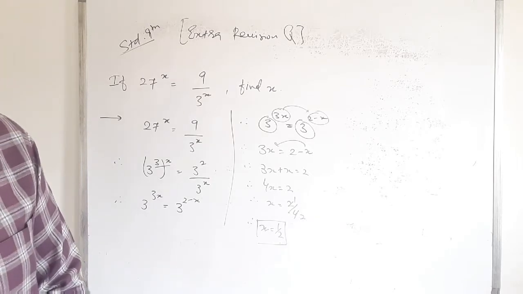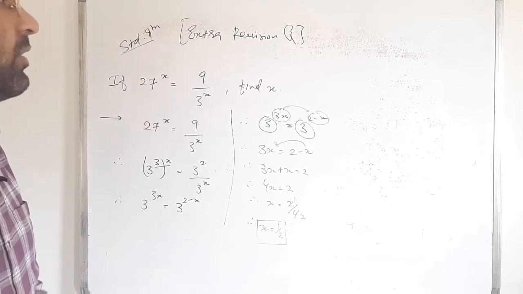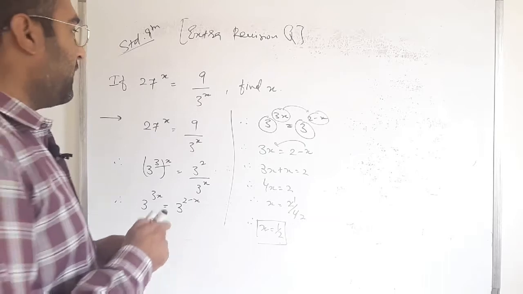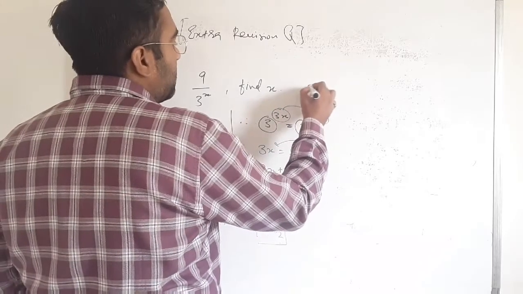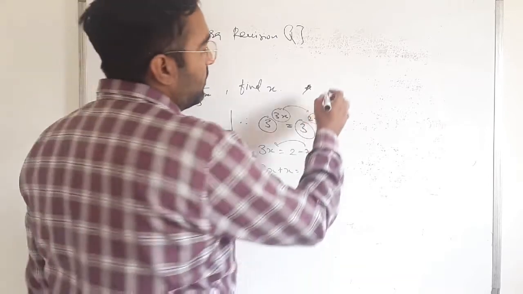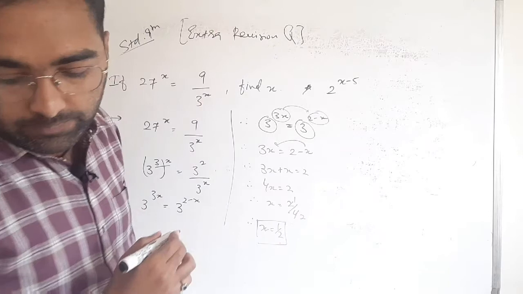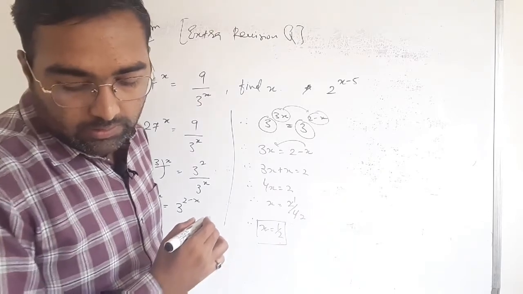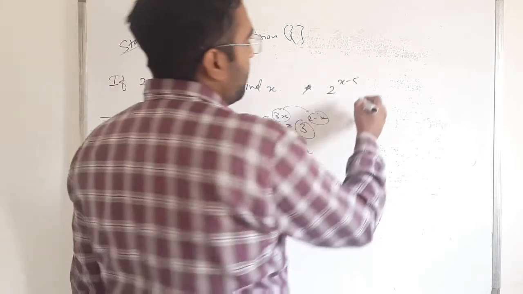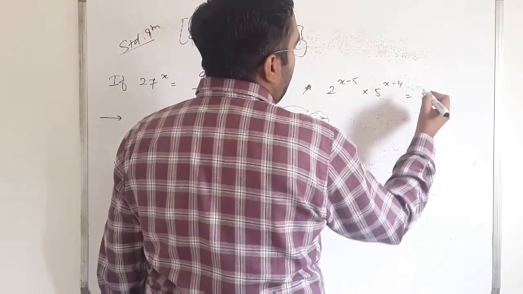Here the same kind of question is given, so I'll take again that same kind of question. First of all I'll note down that question, and you should try it yourself first. So your question may be 2 raised to x minus 5 into 5 raised to x minus 4 is equal to 5.